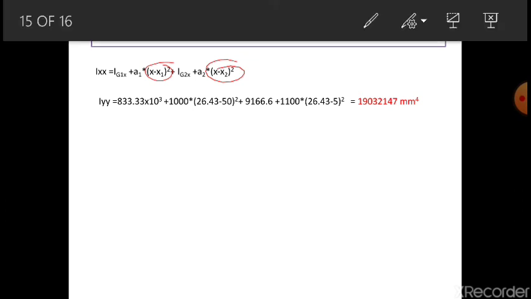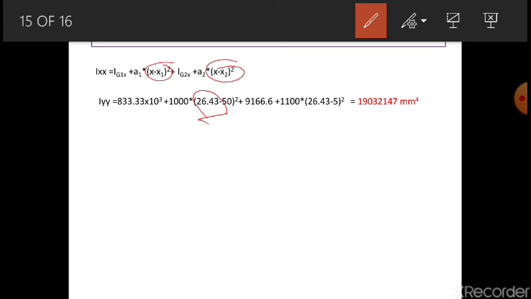Ixx is how much? X bar is given, this we have calculated, and along the x direction, what is the distance? It is 100 mm, so half of that 100 will be 50. Whichever the distance, if this is x, then whatever the distance of that object along that direction, half of it will be the x1 and x2.